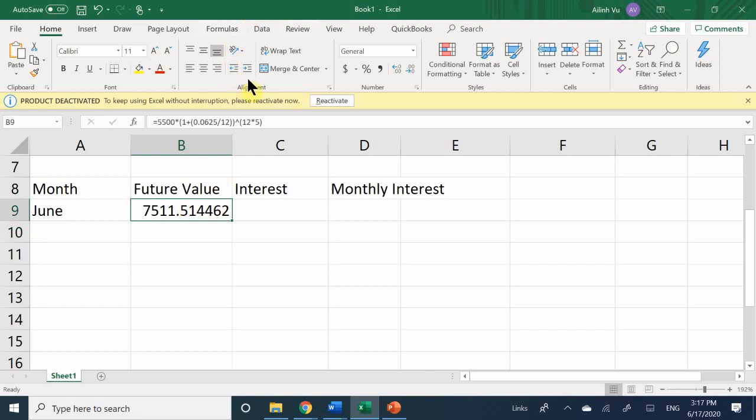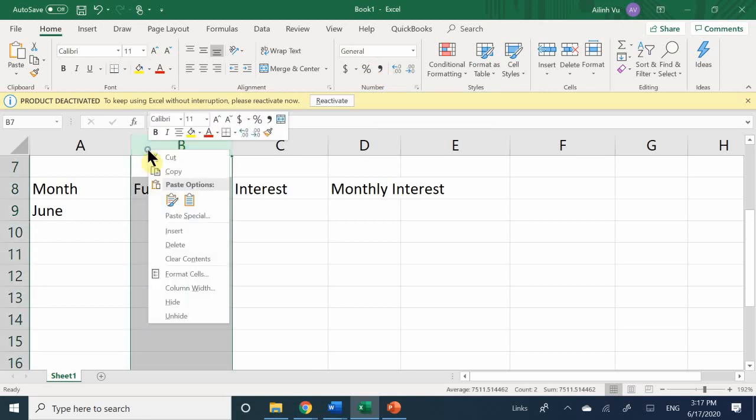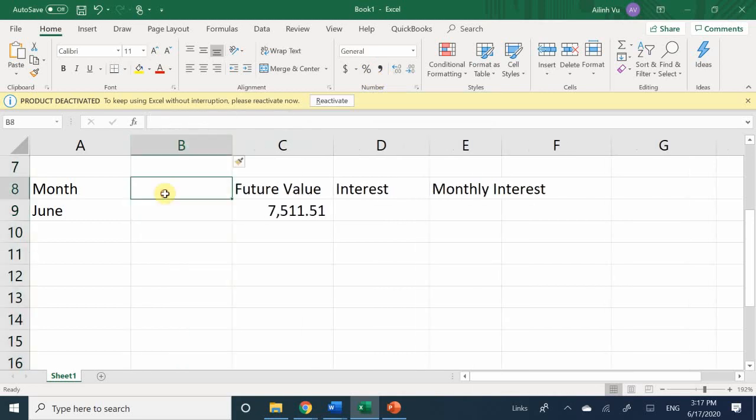Now, I'm going to go ahead and make that like this. Okay. So I'm going to actually create another column right here. And I'm going to do principal. Okay.